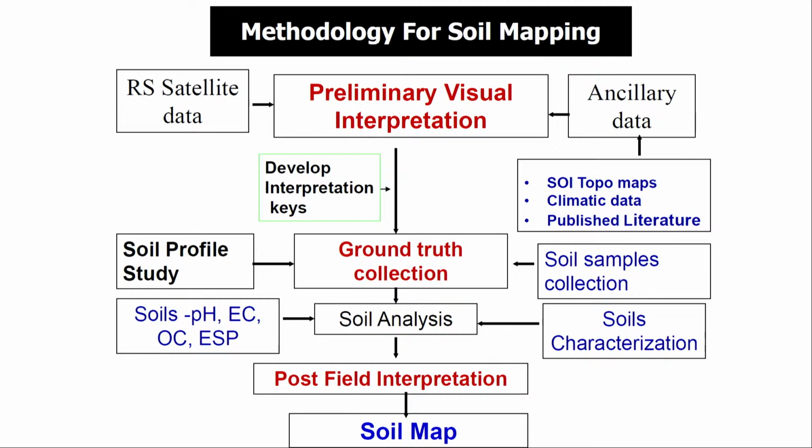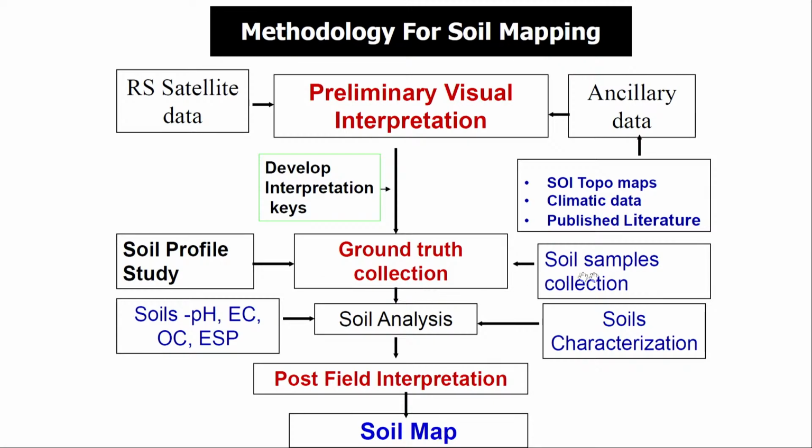Remote sensing data will help to divide your area into various map units, and in dissimilar map units, we take the soil samples. And soil samples you have to take where the roads are there. So you select the sample strips, and on the sample strips you move and collect the soil samples, and then you will be able to prepare the soil map.